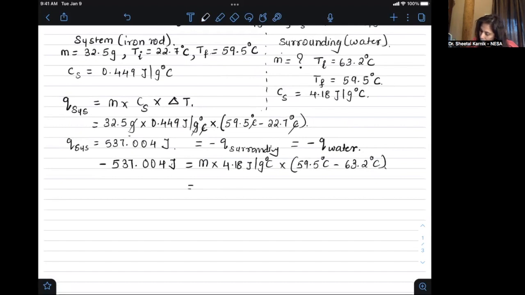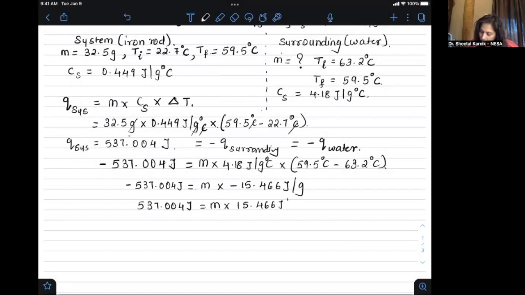So this is equal to mass times mass of water. And when I do this calculation, my answer comes to negative 15.466 joules per gram. And this is negative 537.004 joules. Because I have negative signs on both, cancel it out. So I'm going to write down 537.004 joules is equal to mass times 15.466 joules per gram.